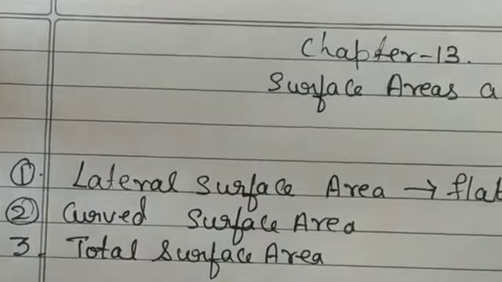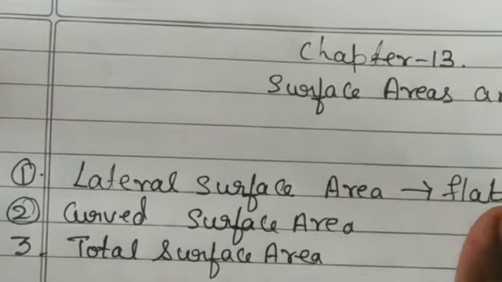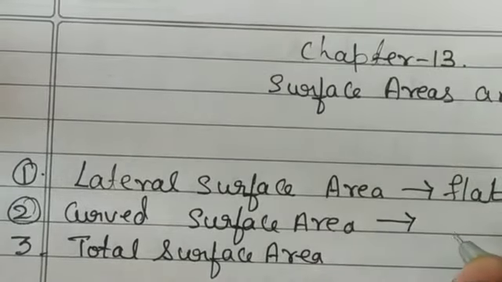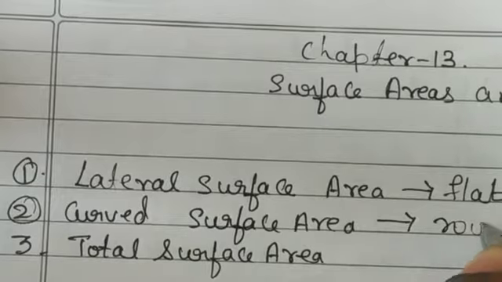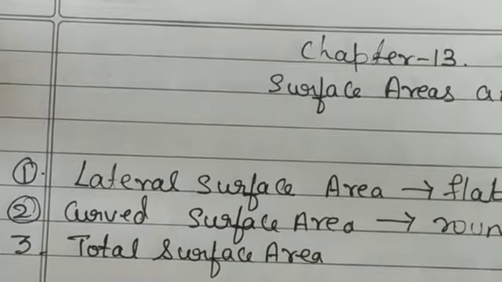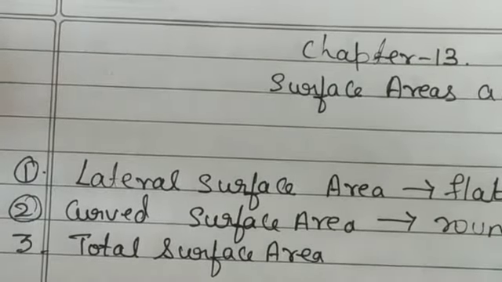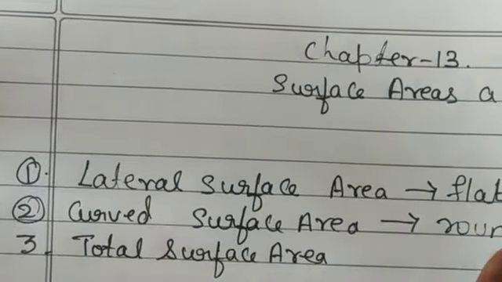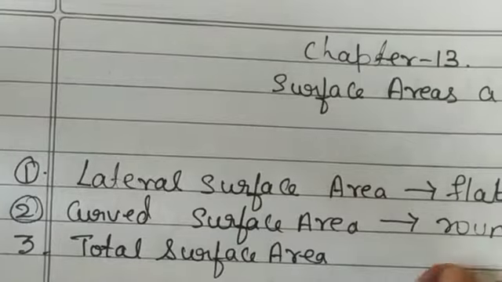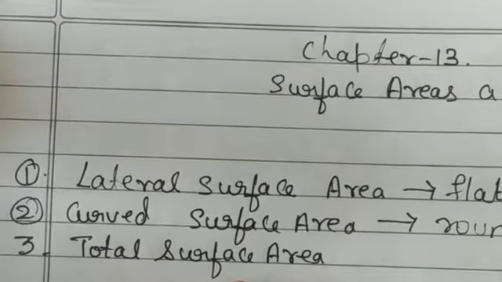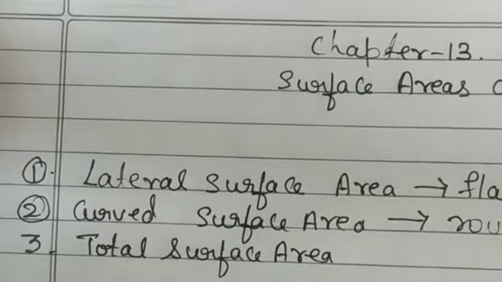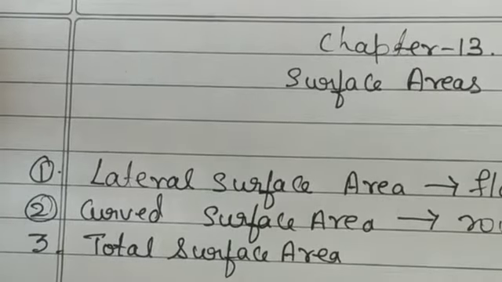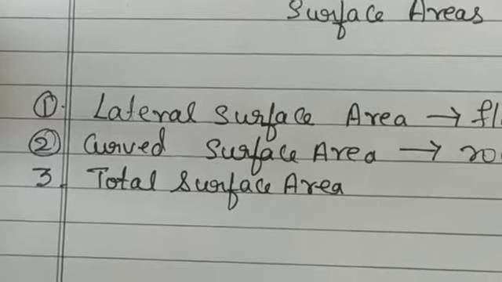That is the flat surface area. Curved surface area means the side only, but in a round shape. For example, when you take a cylinder it is in a curved shape. So that is our curved surface area. And total surface area means all the sides; we find all the sides, that is our total surface area.